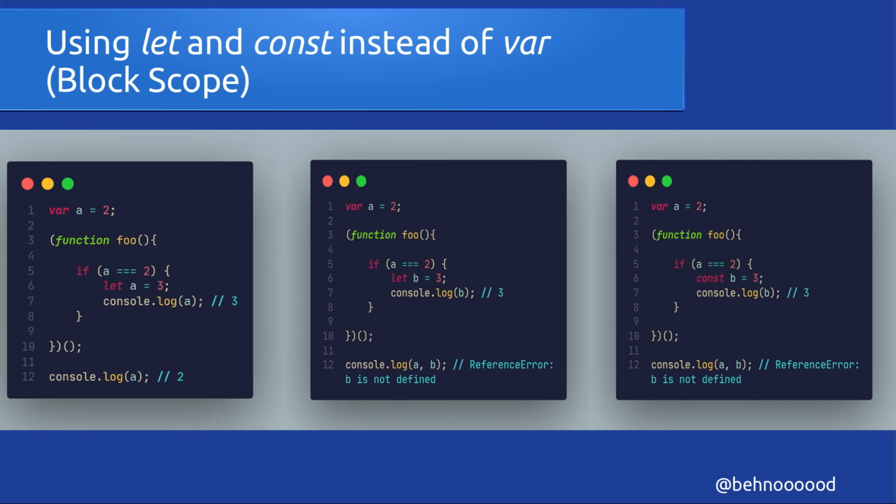This is because the block scope doesn't know about the outside of its scope. And how about using const instead of let? The result is the same, but the difference is the initial value is not changeable. So you get the picture.